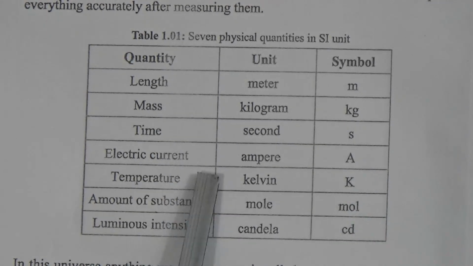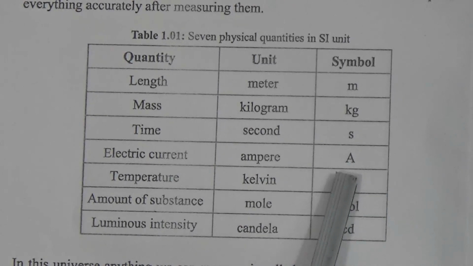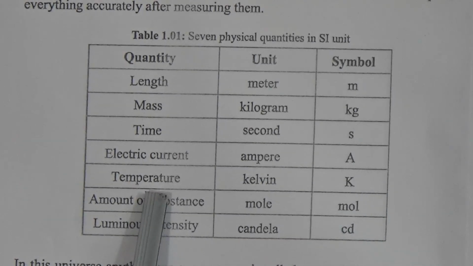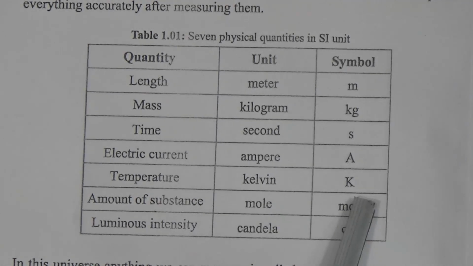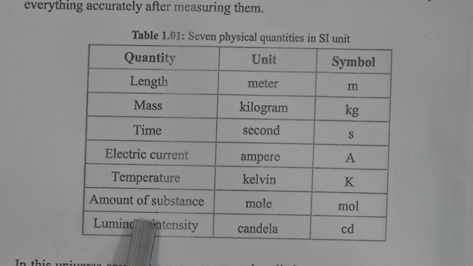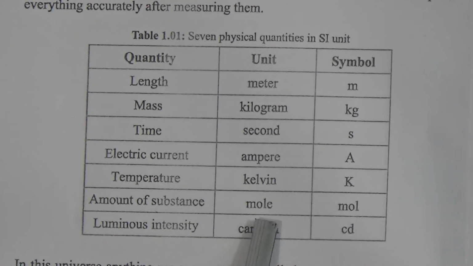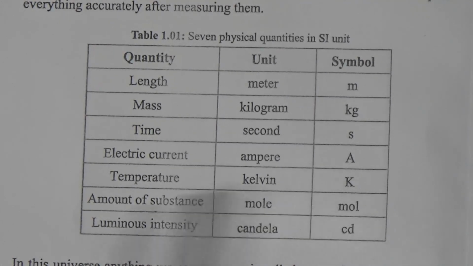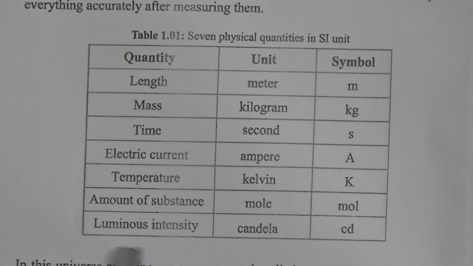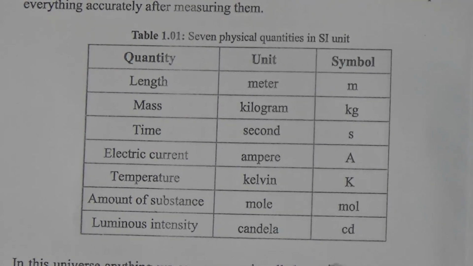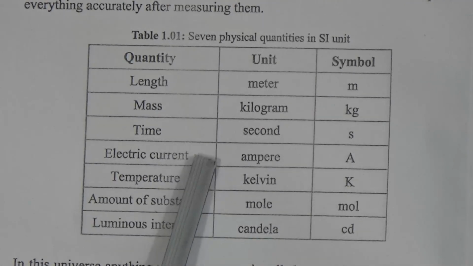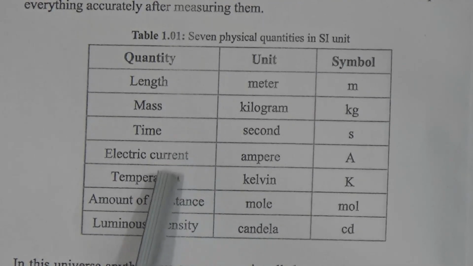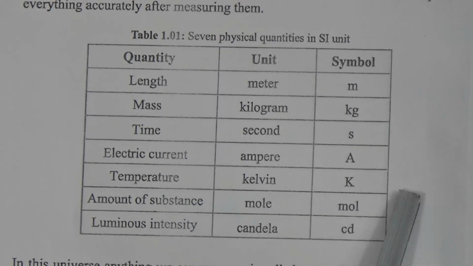The unit of electric current is ampere and symbol A. The unit of temperature is Kelvin, symbol K. And the unit of amount of substance is mole, and symbol is mol, and the unit of luminous intensity is candela, that means symbol cd. Memorize properly these 7 physical quantities with their unit and symbol.